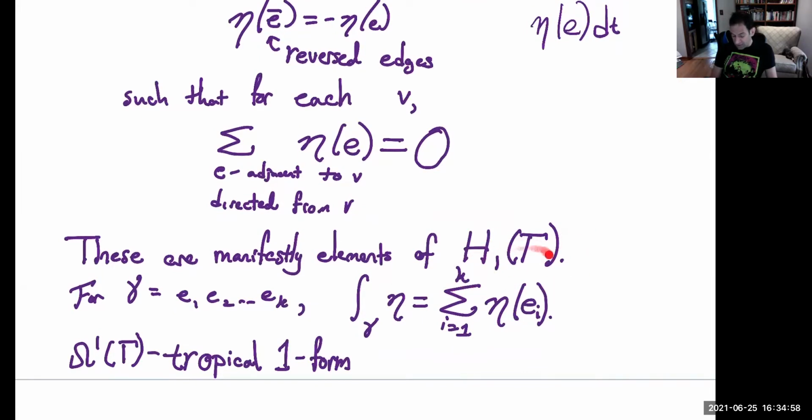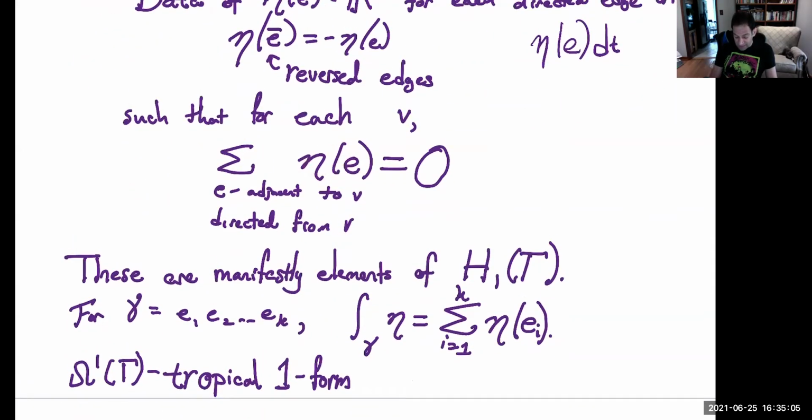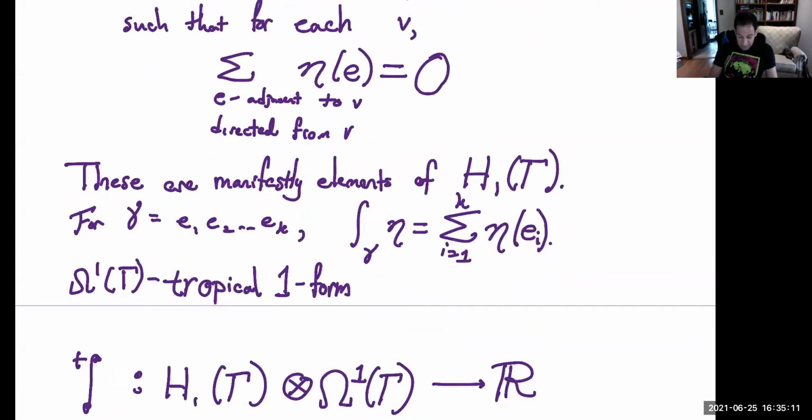the first homology of the graph. But I kind of just want to use etas. I want to use tropical one-forms because it makes the analogies better. And then for a path in the graph, which I'll view as a list of edges, integrating along that path is just summing the etas of each edge.